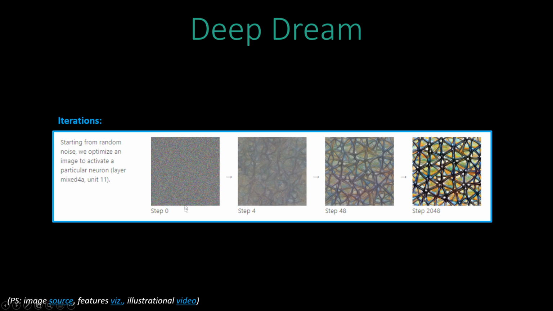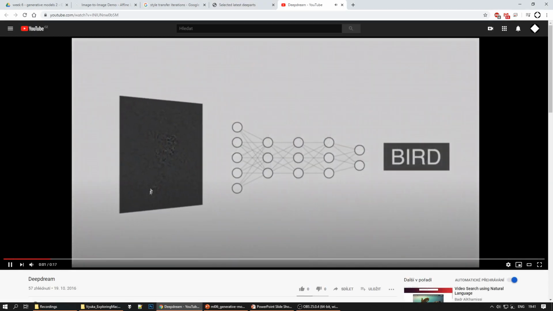So in this visualization, we started with some random noise, chose one particular neuron inside the network, which I don't really know what it was responsible for, but let's say this would be wires or something. And over the iterations of the deep dream algorithm, we maximized the presence of those shapes inside the image.